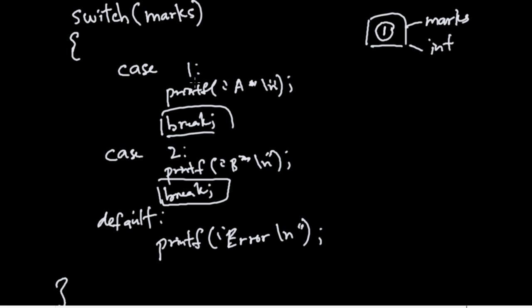Now is 1 equal to 1? It is true. So it enters in here. In the console box, it will show you A. Now without the break, it goes straight to the second case and it outputs B. And then without a break at case 2, we go into default. Error.